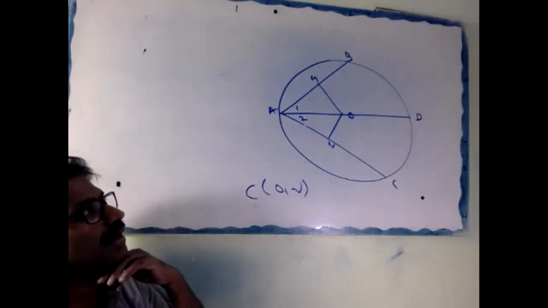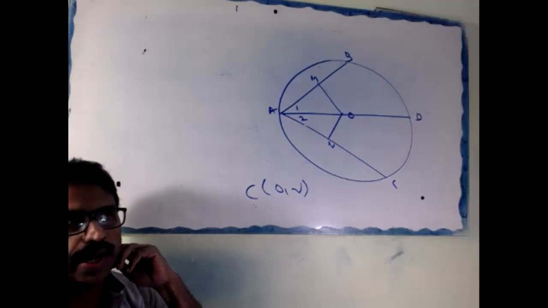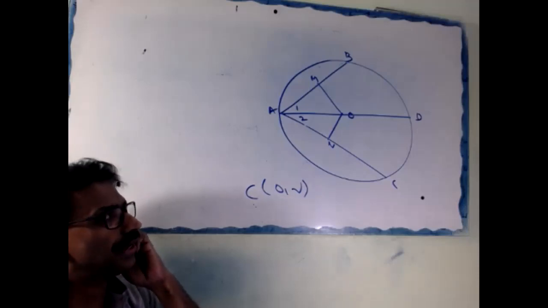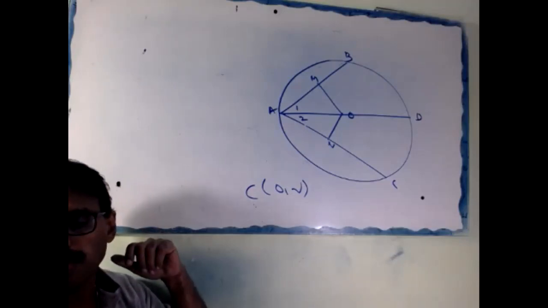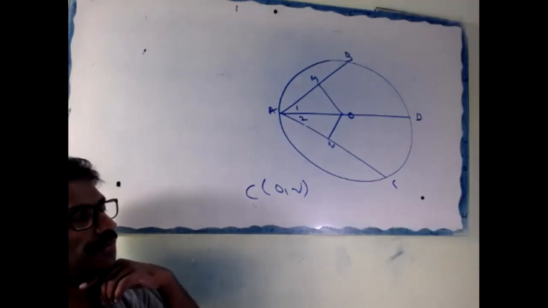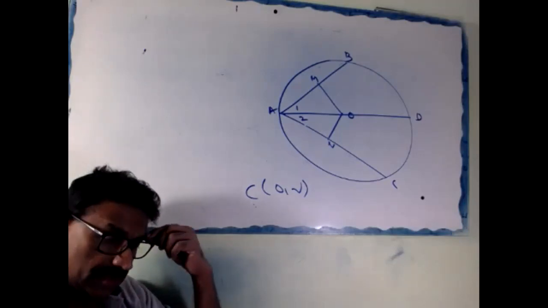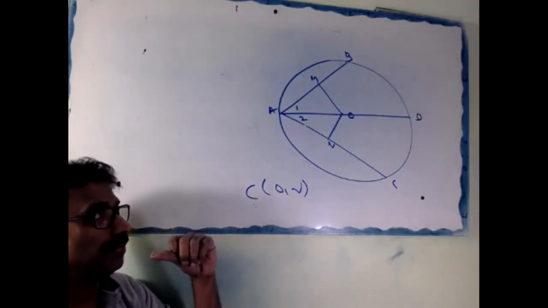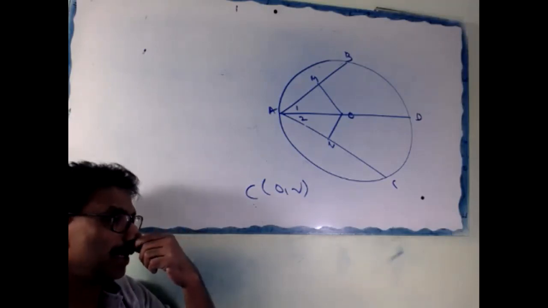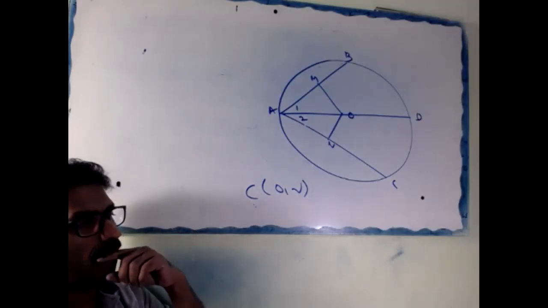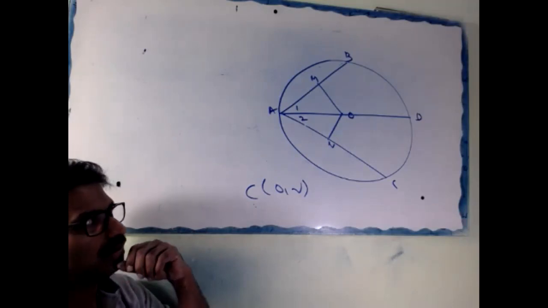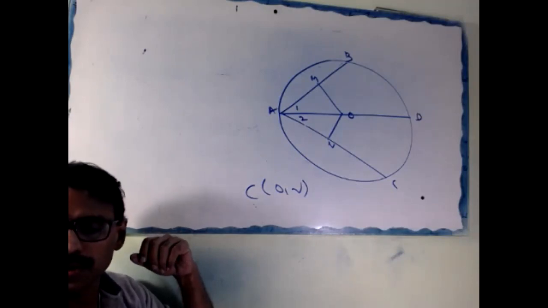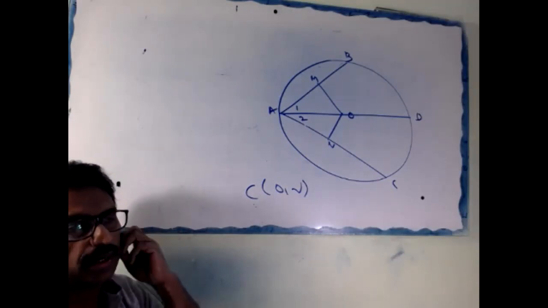Okay, write the proof. In triangles AMO and ANO, angle M equal to angle N equal to 90 degrees by construction. Angle 1 equal to angle 2, given.